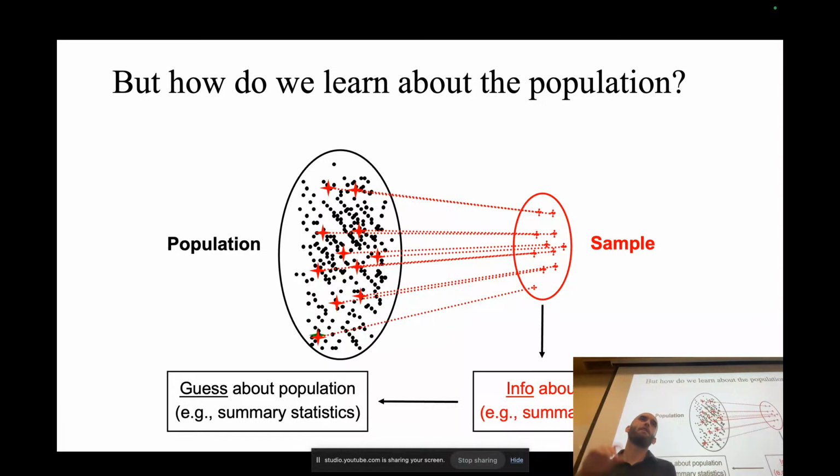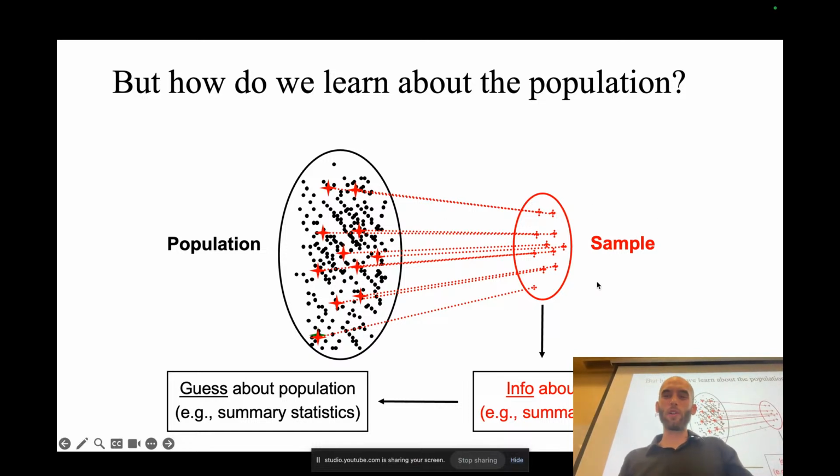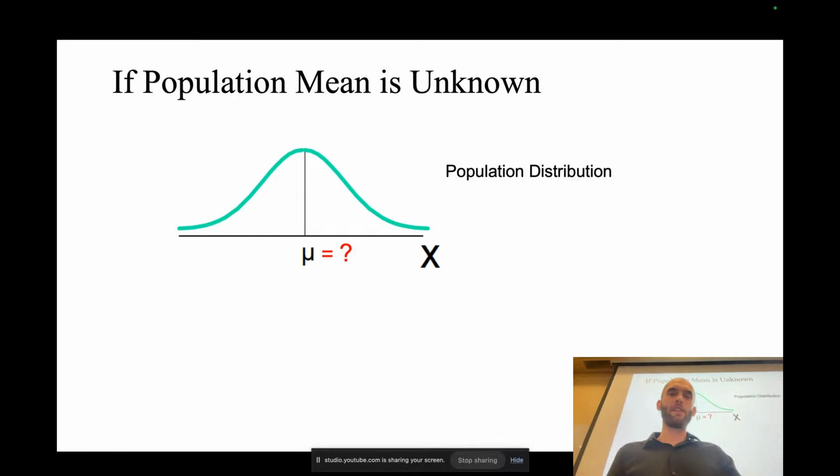There are some rare exceptions, like we're simply building a theoretical model. But even in theoretical models, we have to understand something about the truth, like how people actually behave. And in those environments, we have to actually go to the data. And most of the time, we don't know the underlying distribution. So this is the most common state of the world: all we're doing is observing a sample. We don't know the population. So we're making inferences using the sample.